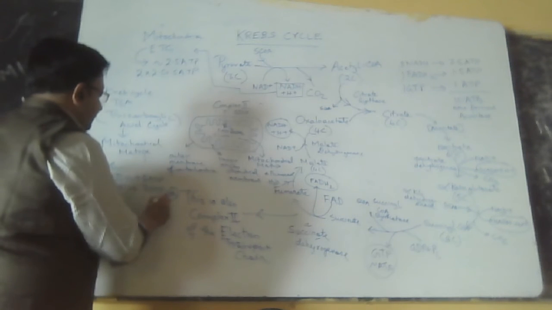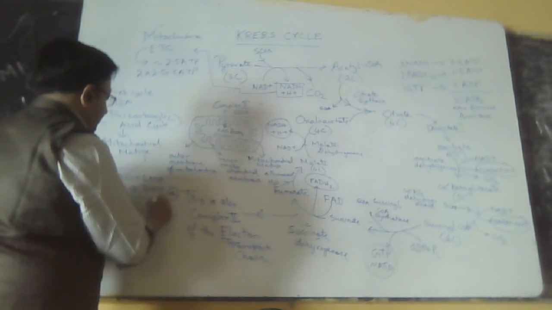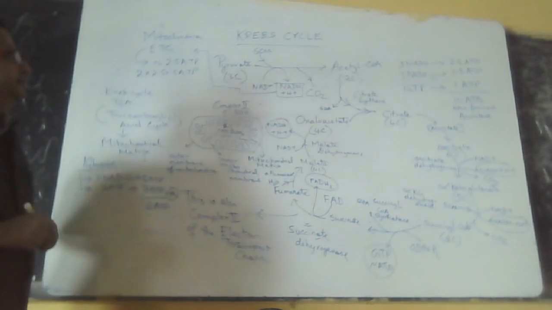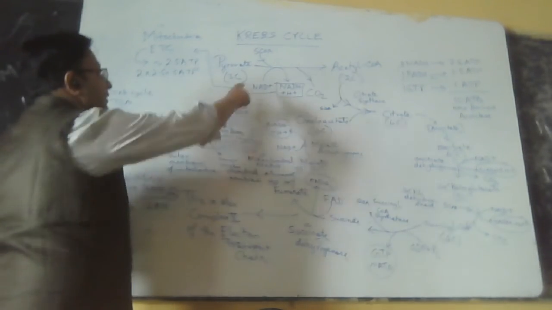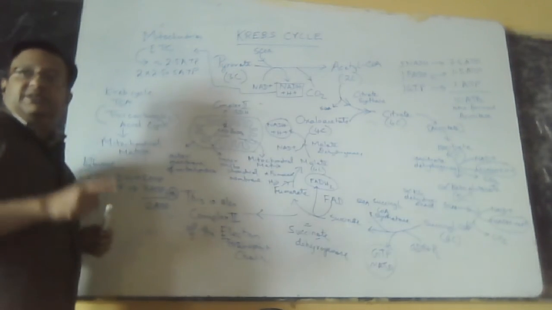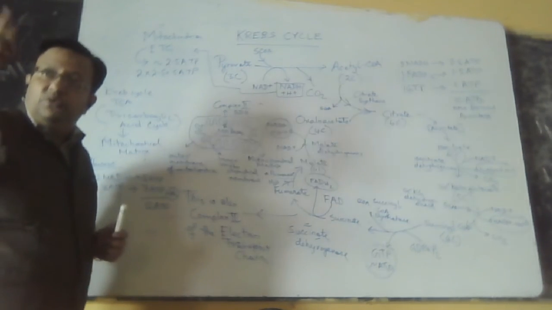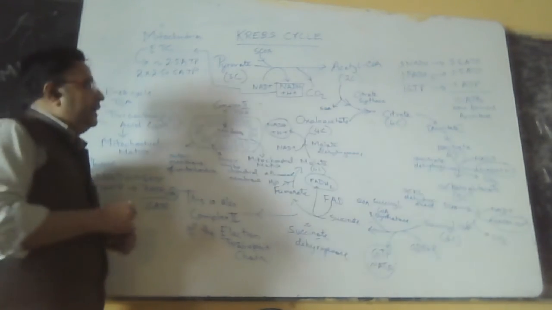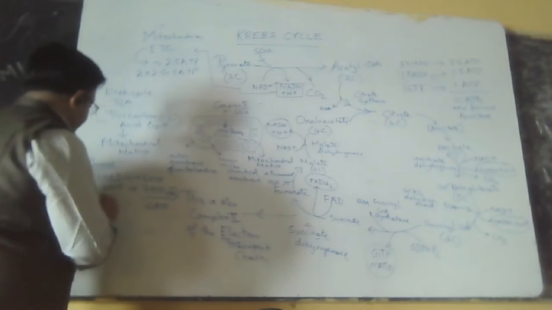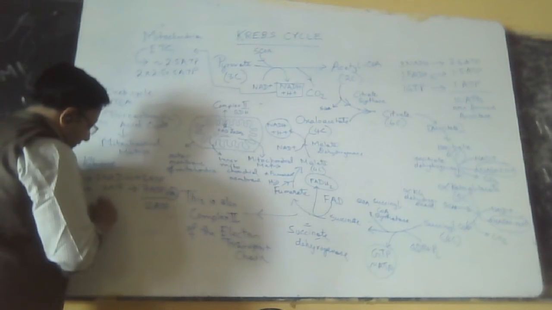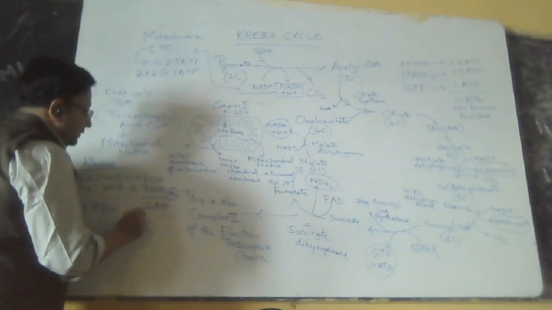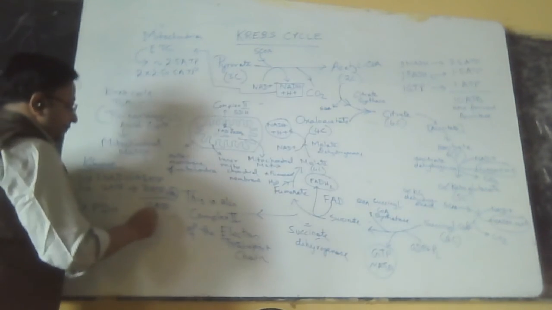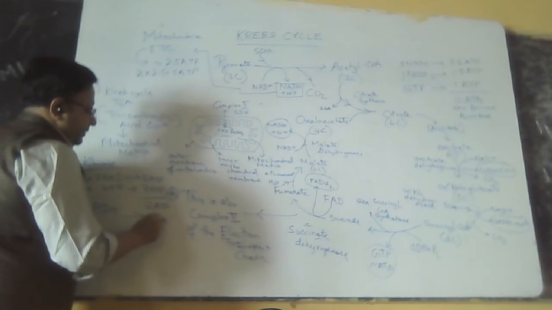In the pyruvate dehydrogenase complex, 1 NADH per pyruvate, and 2 pyruvates are there, therefore 2 NADH, so in the PDH complex you have 5 ATPs.